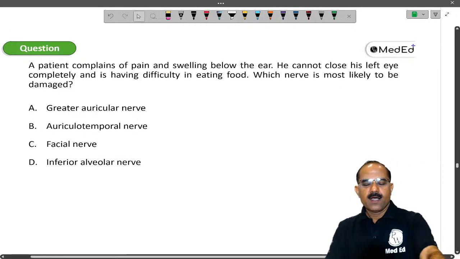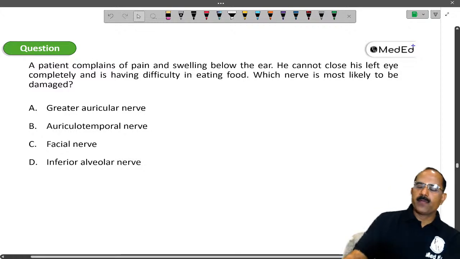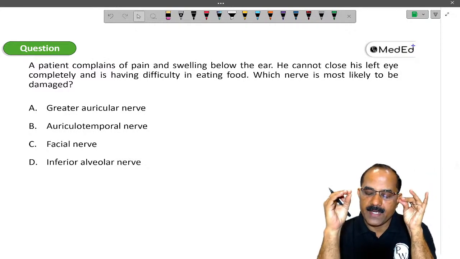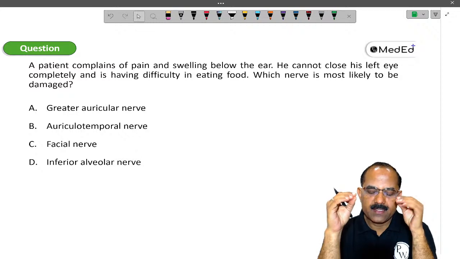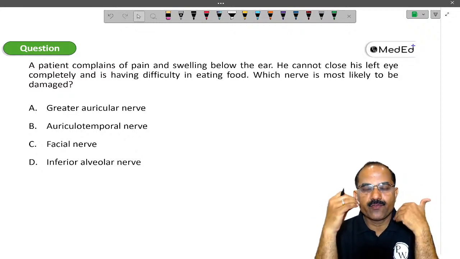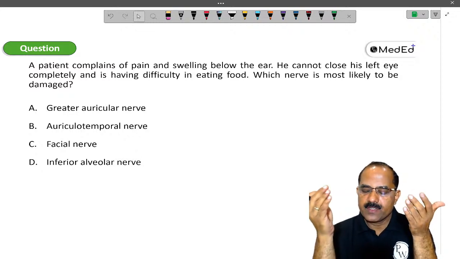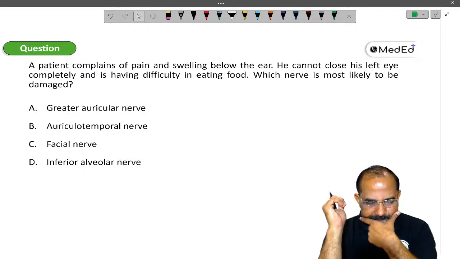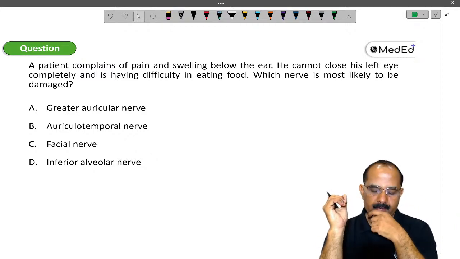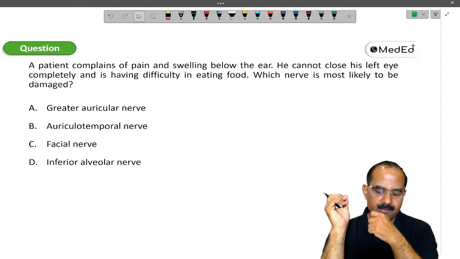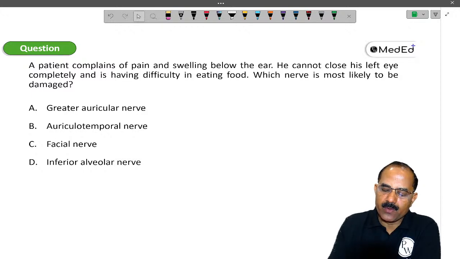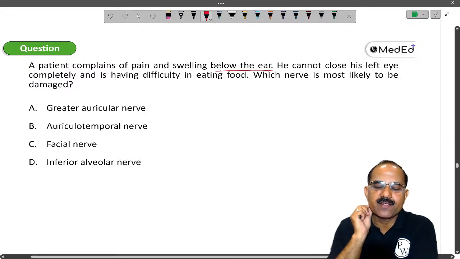Answer this. A patient complains of pain and swelling behind the ear, below the ear. He cannot close his left eye completely and is having difficulty in eating food. Which nerve is most likely to be damaged? Answer this, bachcho. Look now, complaints of pain and swelling below the ear.